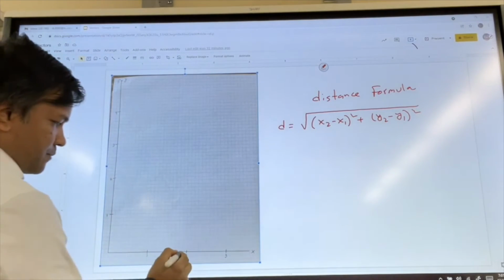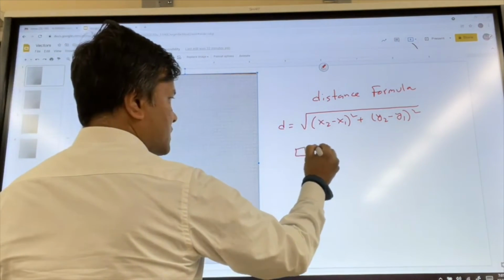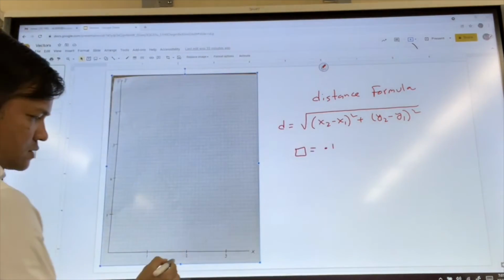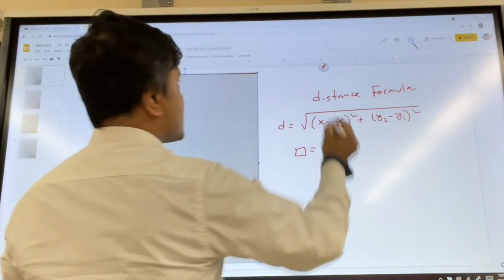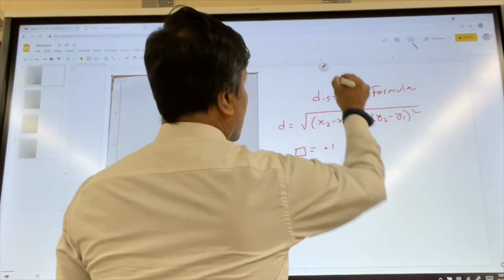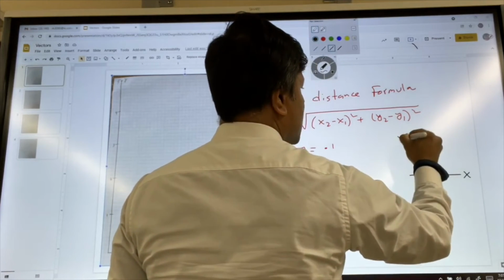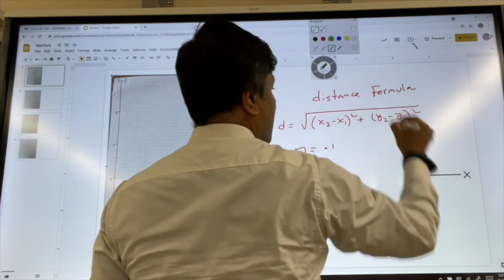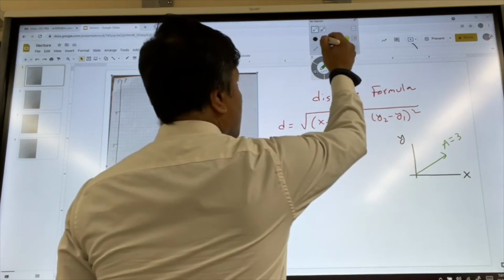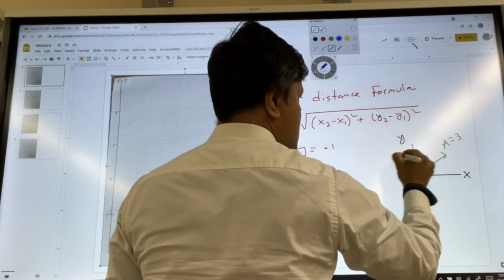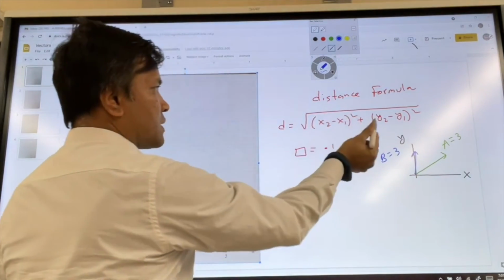Each box is incremented by 0.1. This is our problem, this is x, this is y, this is vector a, which is 3, this is vector b, which is also 3.